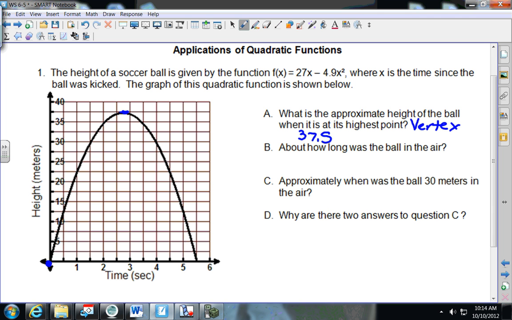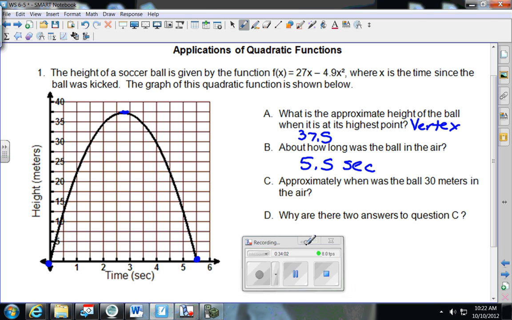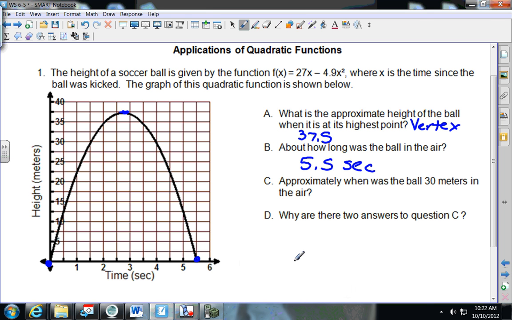How long was the ball in the air? Well, it started at 0, it went up, and it came back down. It landed, and it's here at 5.5 seconds. The next question says, approximately when was the ball 30 meters in the air?